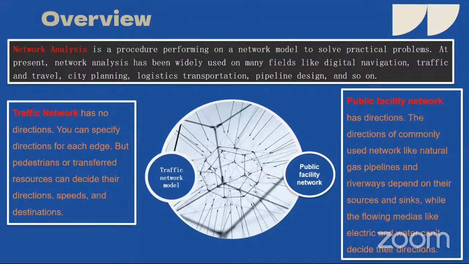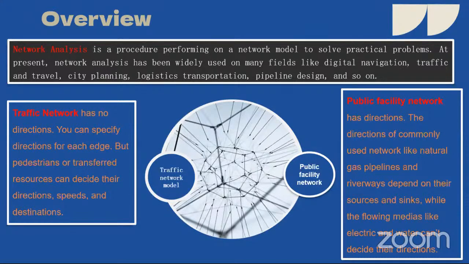The difference between the traffic network and the public facility network is that the traffic network has no direction, since the resources can decide their direction, while the public facility network has a direction that depends on the sources.